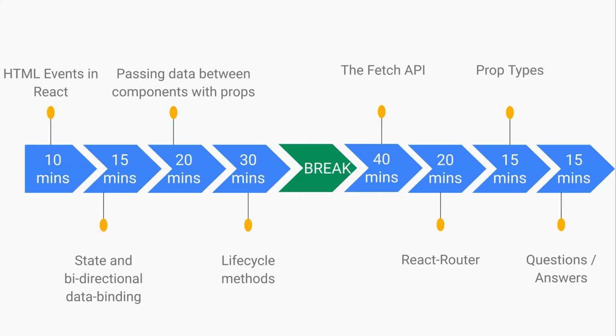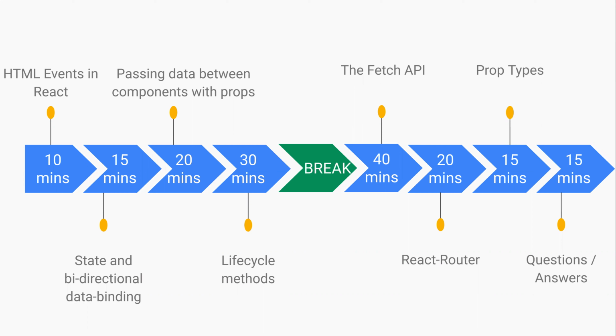Let's get back to here. So what will we be learning today? Today we'll take a look at HTML events in React. We started looking at it a bit yesterday with onClick, mostly.